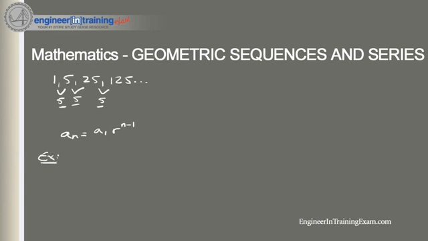Let's look at the geometric sequence a sub n is equal to 5 times 3^n. The first thing we need to do is find the first 4 terms. So a sub 1 is equal to 5 times 3^1, which is equal to 15.